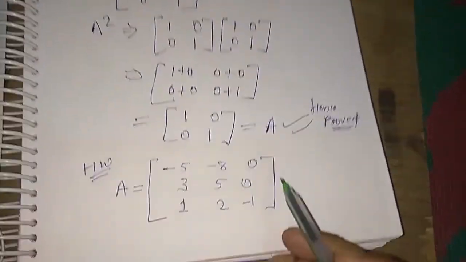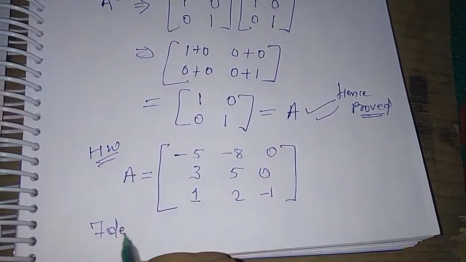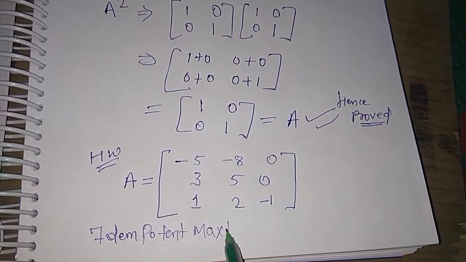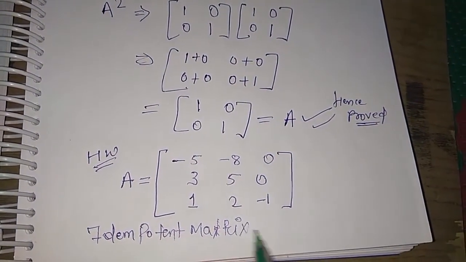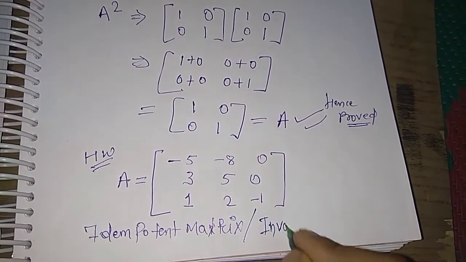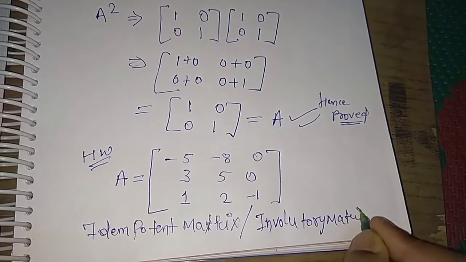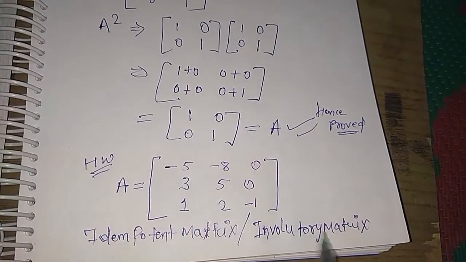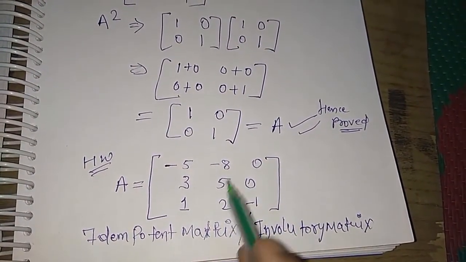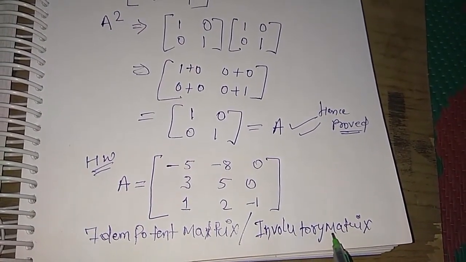You have to check whether this matrix is an idempotent matrix, or an involutory matrix, or none of the two. Okay, you have to check whether this matrix A is an idempotent matrix or an involutory matrix.